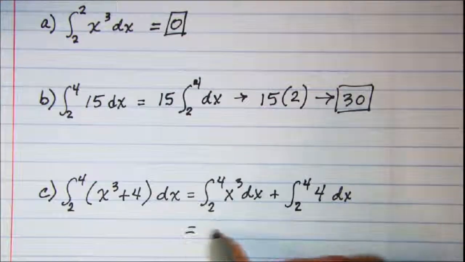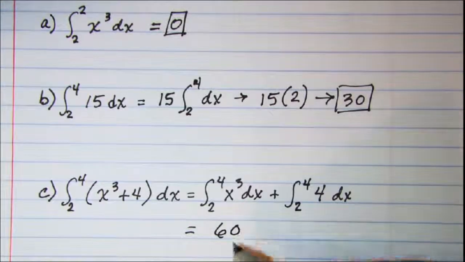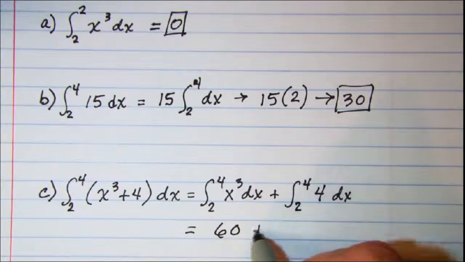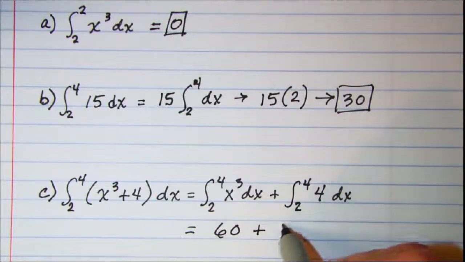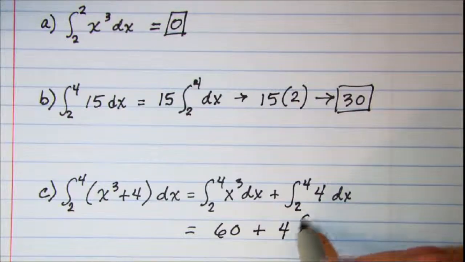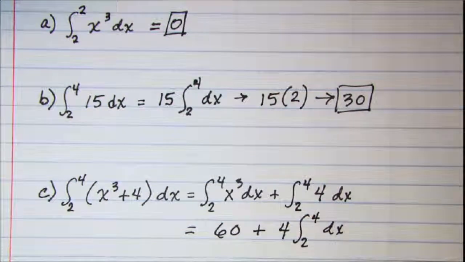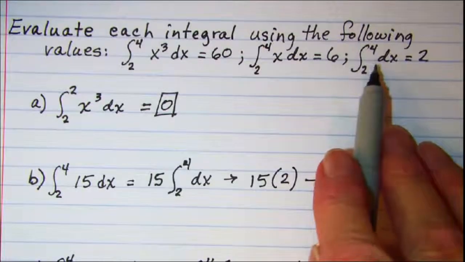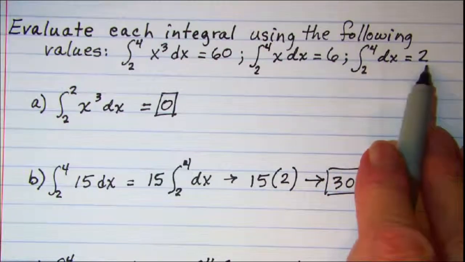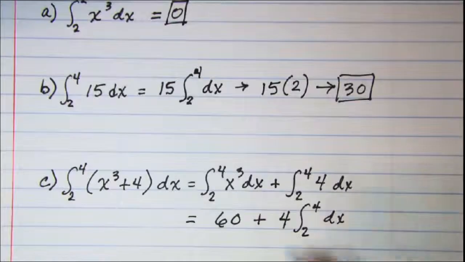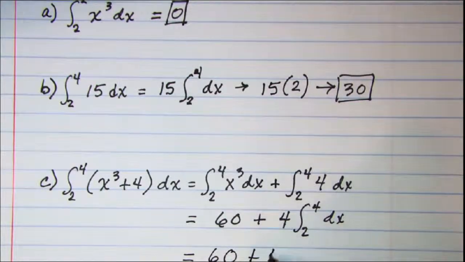So this is 60. And then on this one we have the 4 out in front. And then we can replace the integral from 2 to 4 of dx with 2. So this is 60 plus 4 times 2. This is 8. So we get 68.